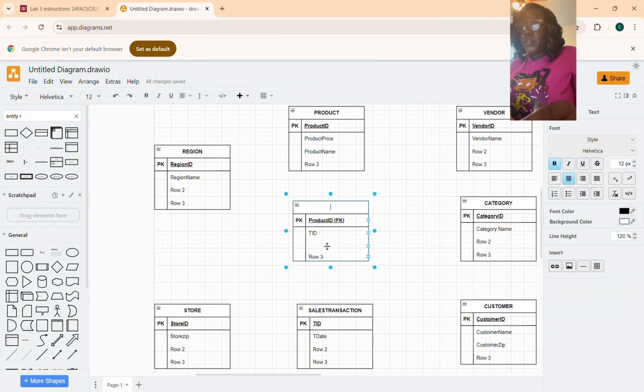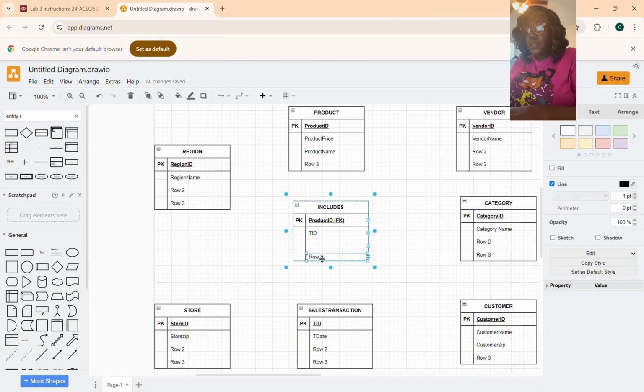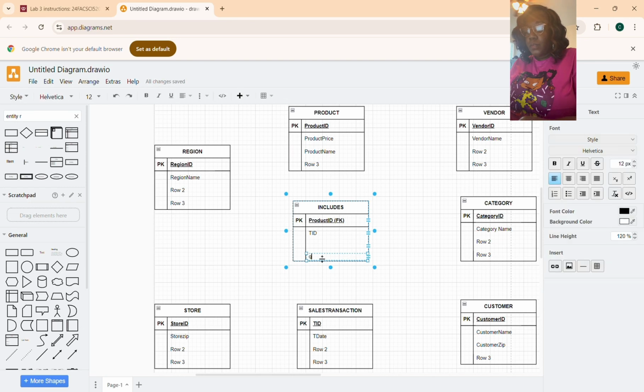That's what happens when you're dealing with these little things sometimes. So right here, it has its own, so we're going to add quantity in there. So that's that for these two. These are done and we can now connect them.